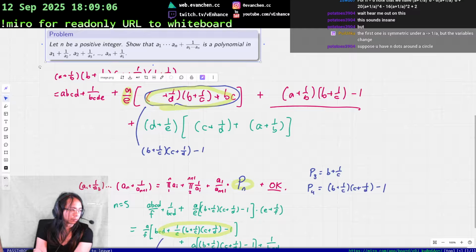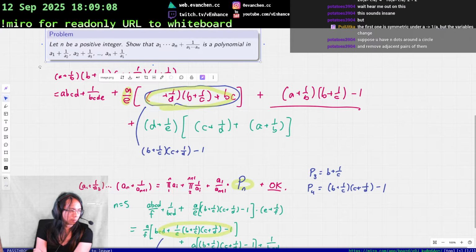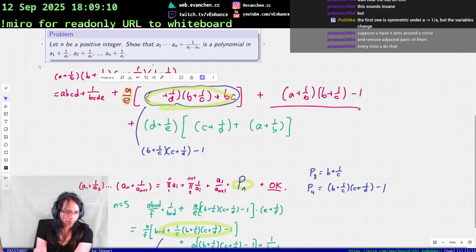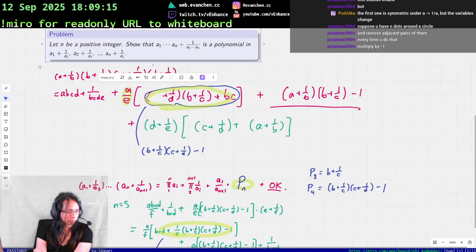Suppose you have n dots around a circle. All right, very cool. And remove adjacent pairs of them. Okay. Every time you do that, multiply by -1. What?